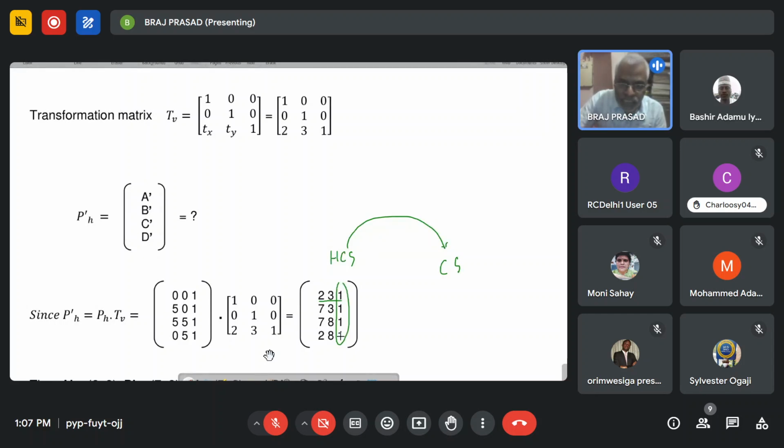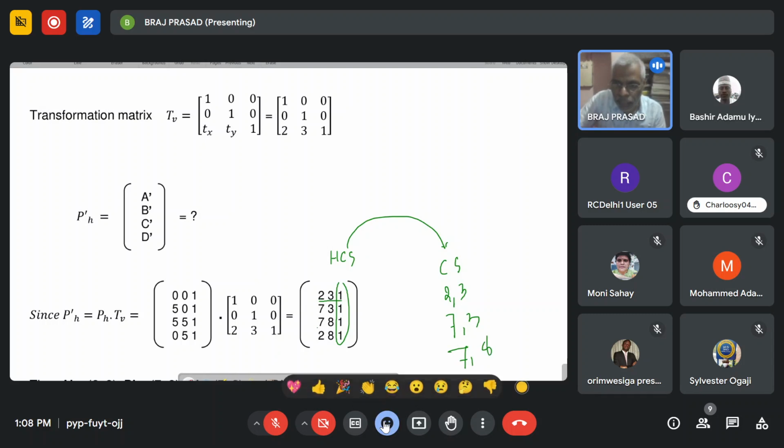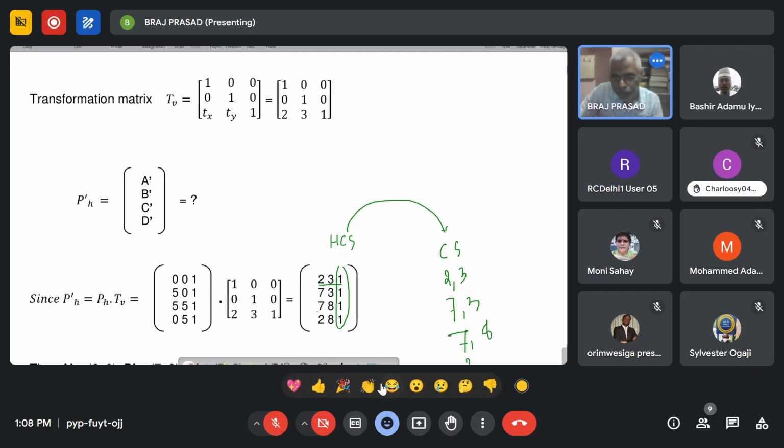If we remove it, we get 2 comma 3, 7 comma 3, 7 comma 8, and last is 2 comma 8. This is the coordinate of A dash, this is the coordinate of B dash, this is the coordinate of C dash, and this is the coordinate of D dash.